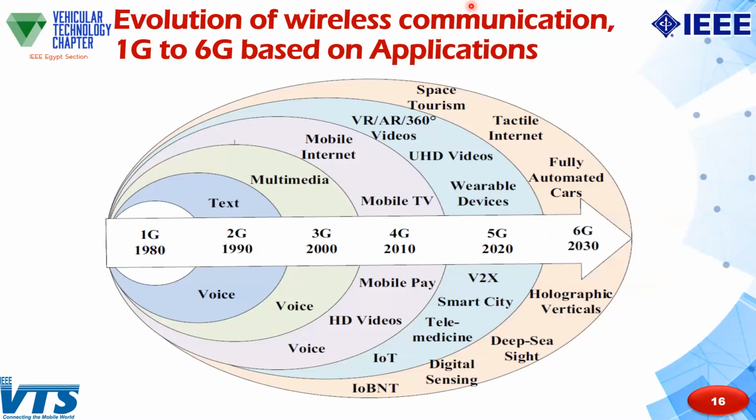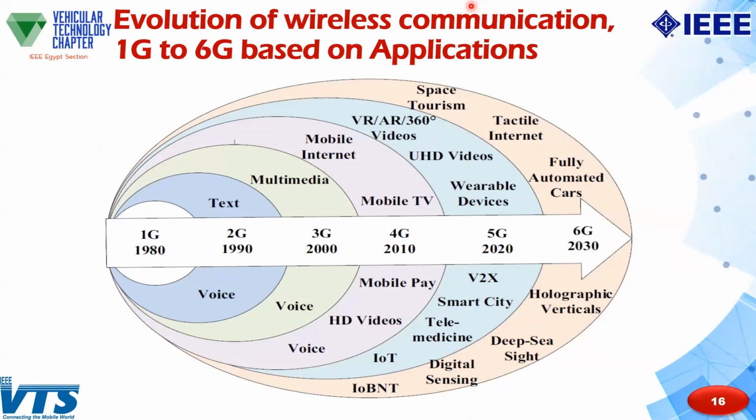Now, what is the main difference between the first generation and the 6th generation from different perspectives? First of all, let us talk about applications. In this figure, from the 2nd generation, we have, as an example, text messages and voice messages only, no more, no less. By 3G, we include multimedia applications such as video communication and high-speed data.